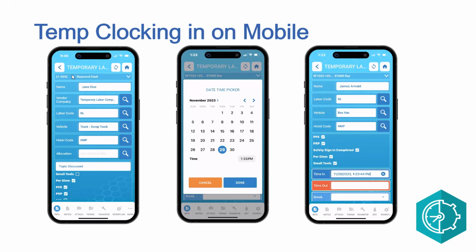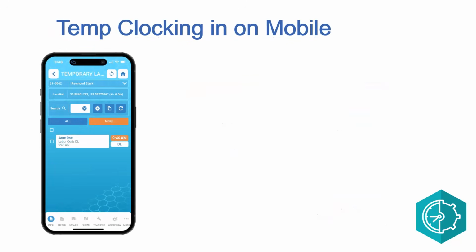Of course, we do not want to select a timeout, break, or select a signature capture because that user is not done with their day at the job. Now here you will notice in the menu option that I have that user, Jane Doe, their labor code, their clock in time sitting on my temporary labor panel.